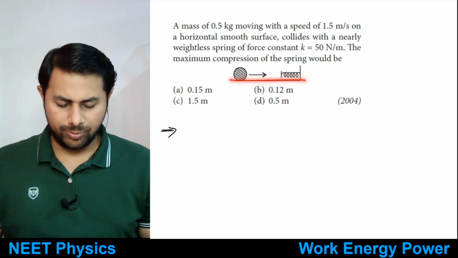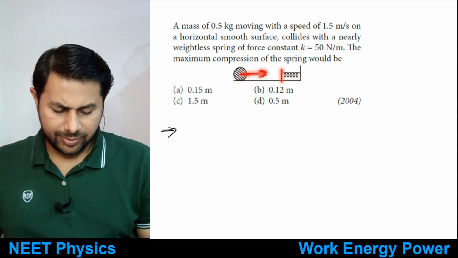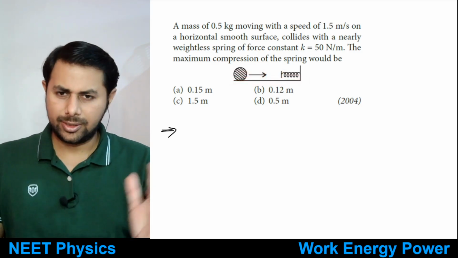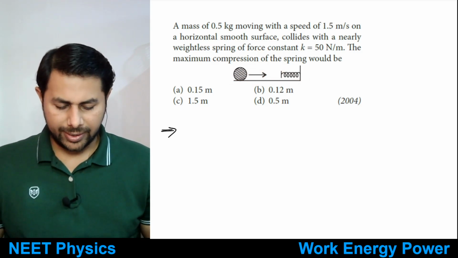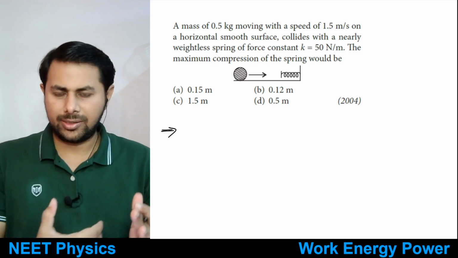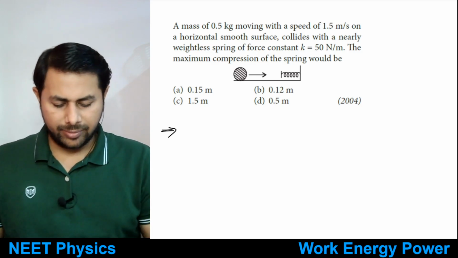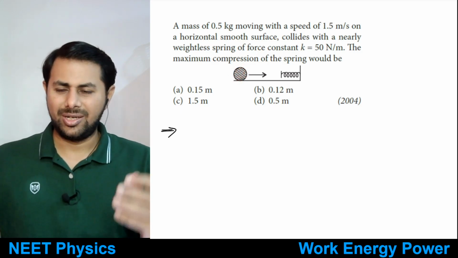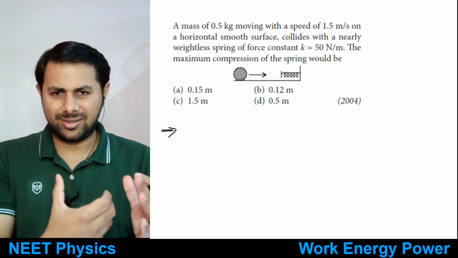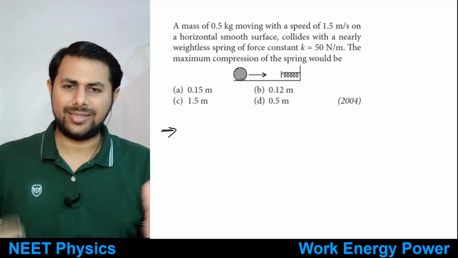Then it collides with the spring. So what will happen? The spring will be compressed. Till what time does the spring get compressed? Till the time this mass has some energy left, because it will have to spend its energy in order to do some work against the spring.